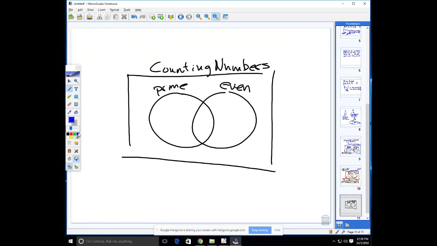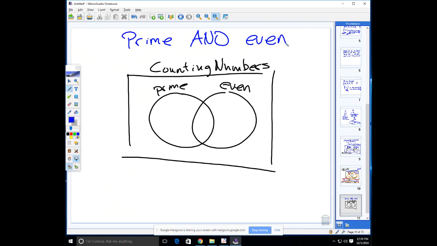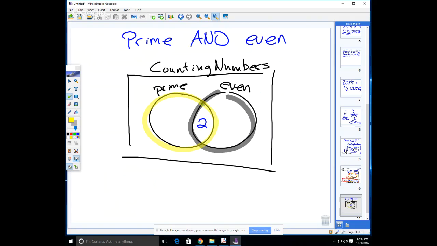And before I do the or, can I have a number that is prime and even? Give me an example. 2. 2 is prime and it's even. So that means 2 would have to live right there because it's in the even set and it happens to be in the prime set.